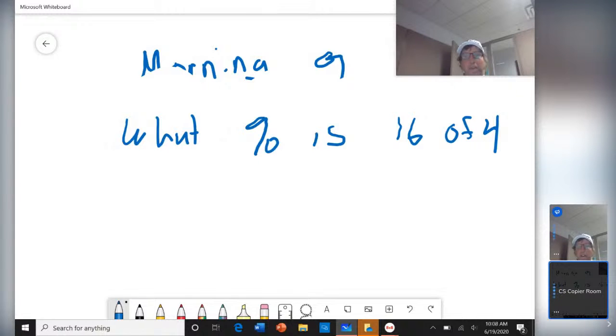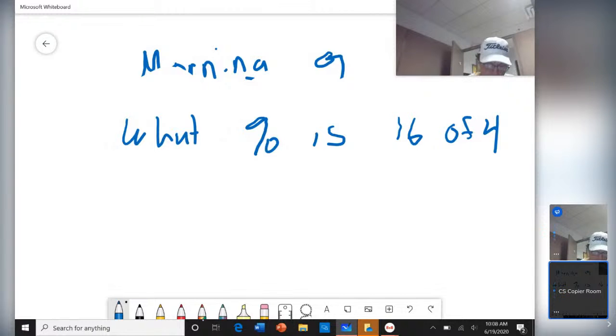Okay, one thing, if you just look at it, you know, 4 goes into 16 4 times. So if each thing was 25%, you can just say, oh, those are quarters, and 4 is 1/4 of basically 16. So it's going to be 25%. You might just know that offhand.